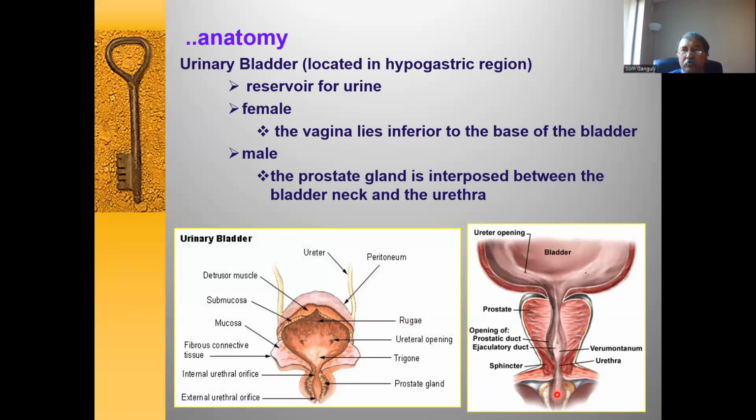Now, the urethra continues, with the sphincter right here, the external sphincter. It compresses and expands, relaxes to let the urine pass. So the bladder, prostate, duct structure, and the urethra.